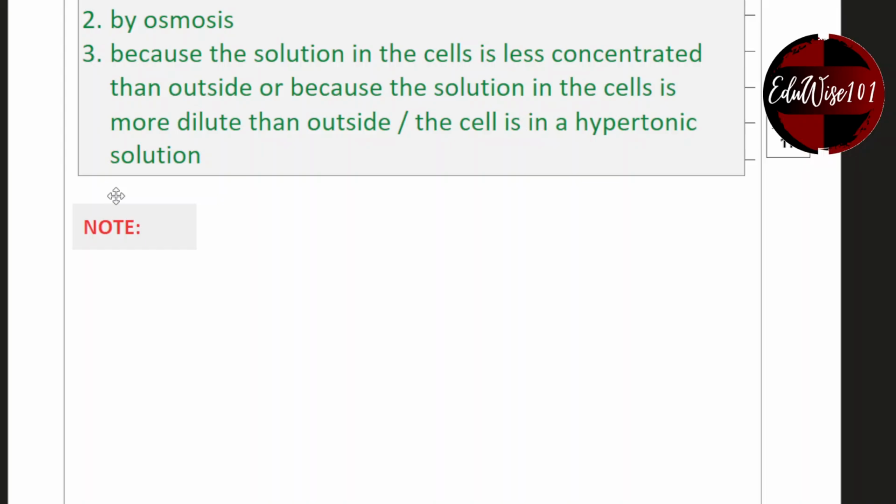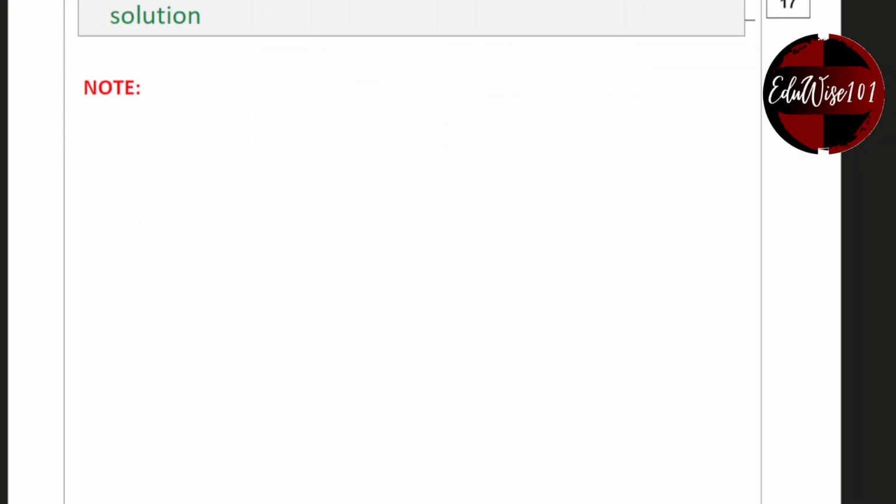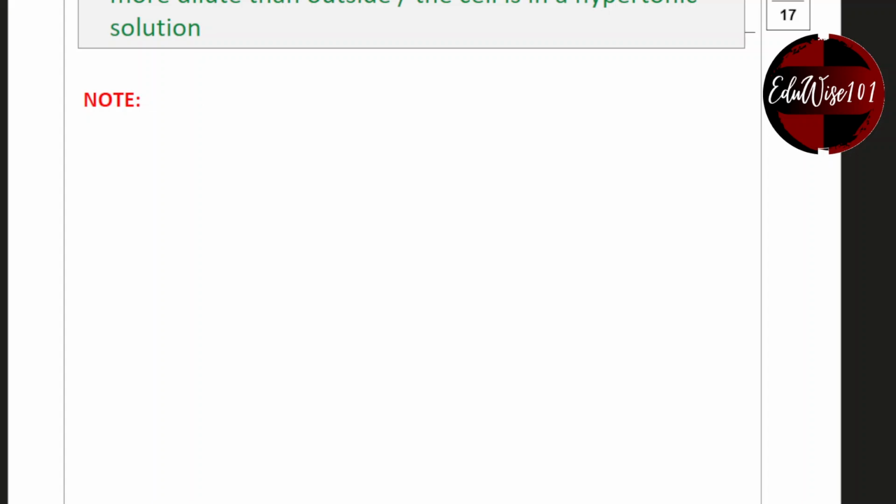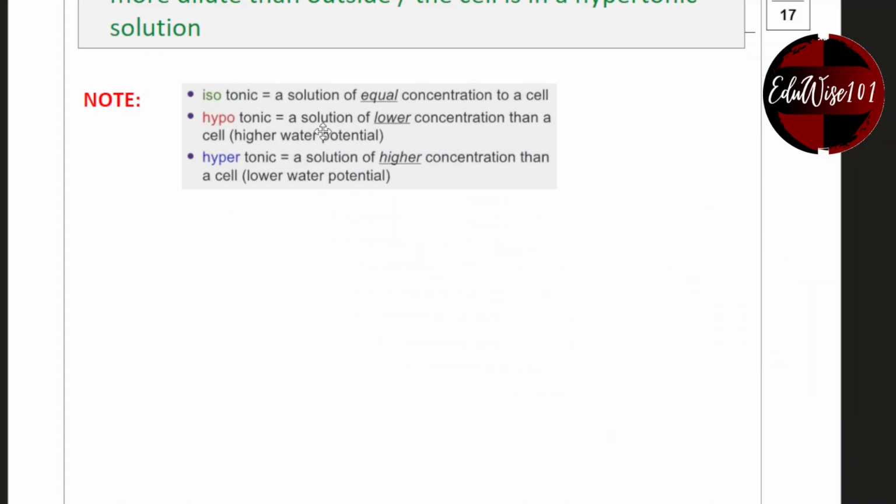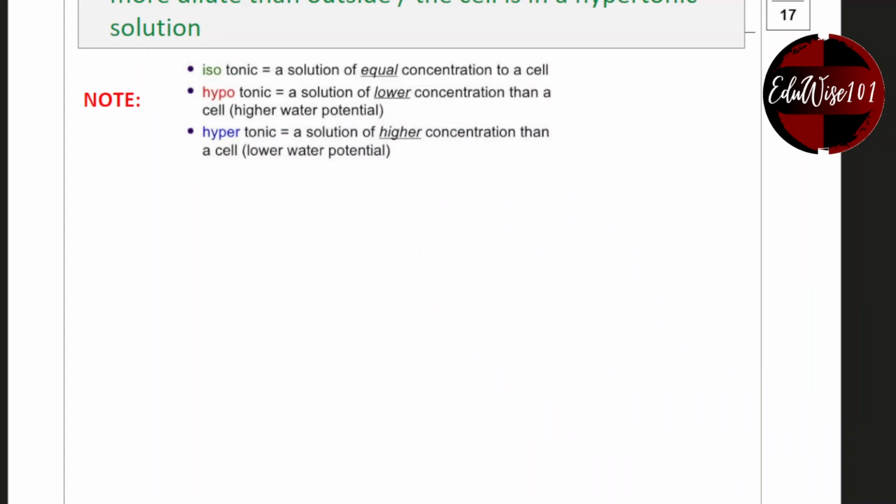So here's a little bit of notes for you. The definitions. Isotonic means a solution of equal concentration to the cell.